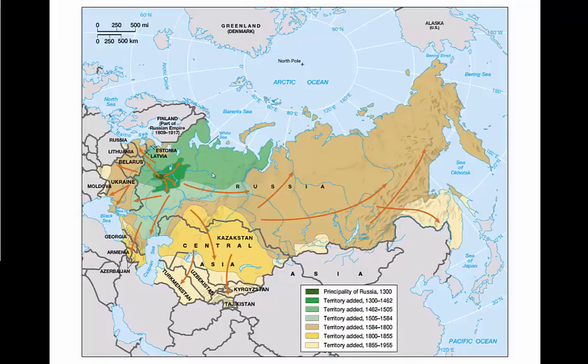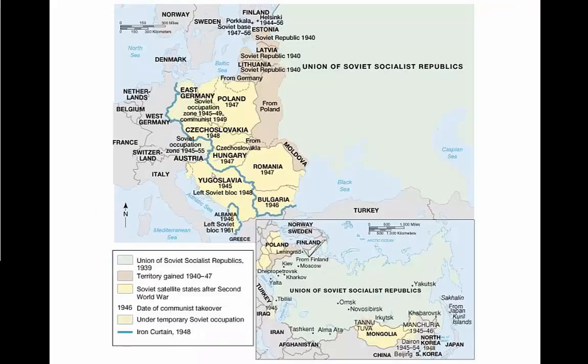And you can see the territorial acquisition of it throughout the years. And then you can see the former Soviet curtain. And there were former Soviet republics such as Poland, Romania, Bulgaria, Hungary, Czechoslovakia, which were all communist countries until the 1980s, early 1990s.